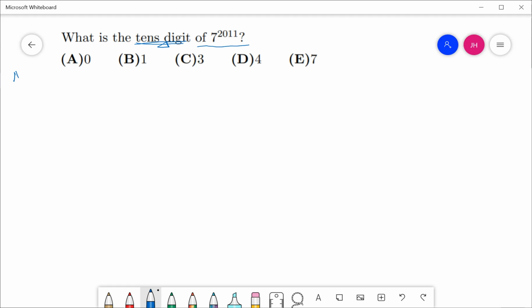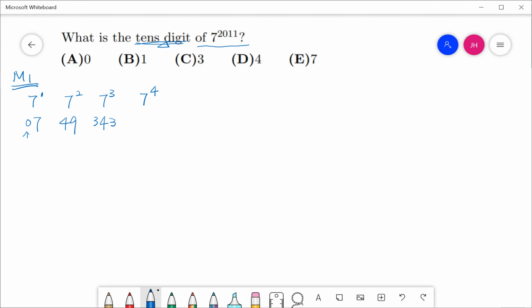Okay, let's call the first method 1. Let's try some lower exponentials of 7. So 7 to 1, we know that the first two digits are 0, 7. The 10th digit is 0, right? And 7 to 2, that's 49. 7 to 3, that's 7 times 49, right? So 7 times 9, that's 63, and it's 343.